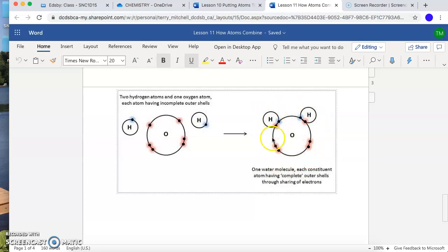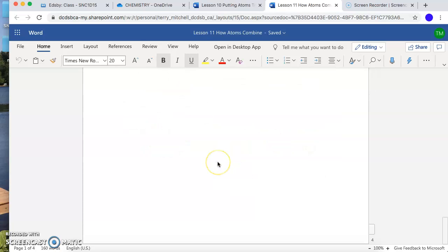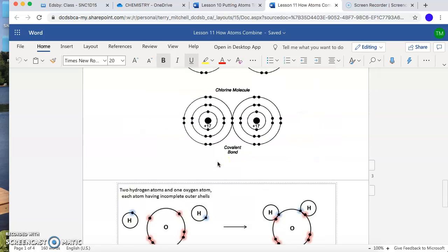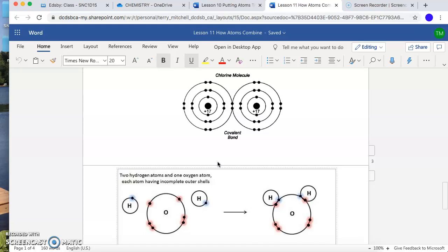And oxygen has 8 out of 8 in its outer orbit. It's because they are sharing these outer orbit electrons. And so we get the water molecule. And so that is that. Perhaps I'll do a little video and show you how to draw these up and go over some of the naming with you as well.